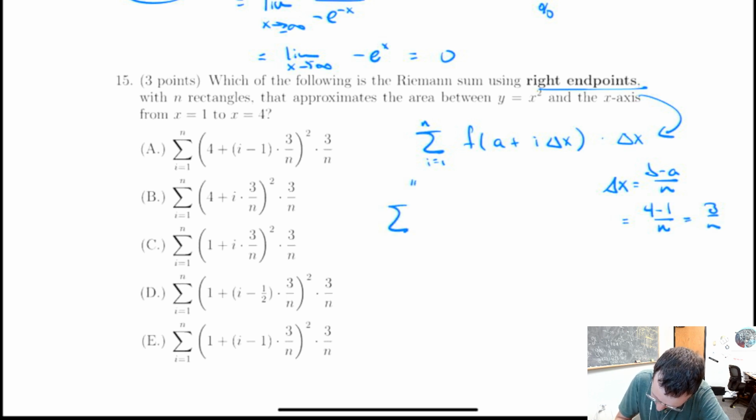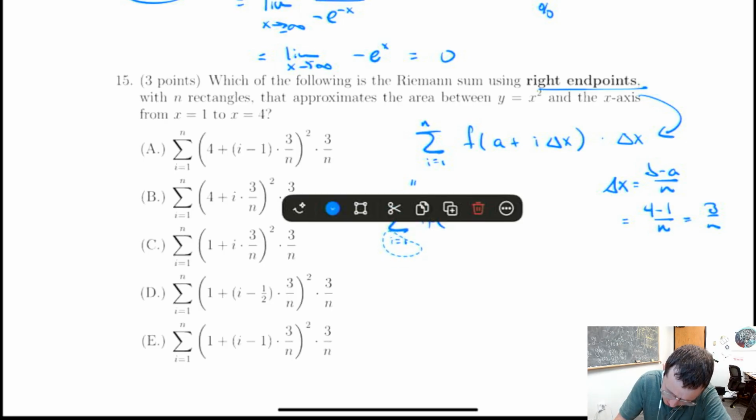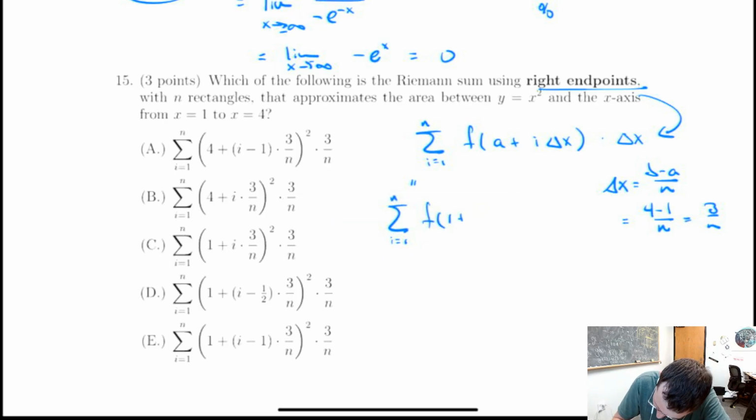And so the sum is the sum from i equals 1 to n of f of 1 plus i times 3 over n, times this delta x, which is 3 over n.